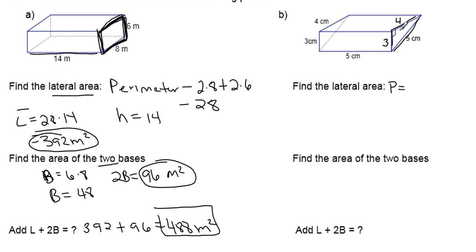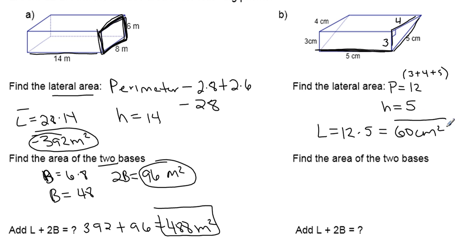So the perimeter of our base is 3 plus 4 plus 5, which is a total of 12. The height of our prism is going to be the measurement that we haven't used yet. So it's going to be 5. So our lateral area is 12 times 5, which gives us a total of 60 square centimeters.